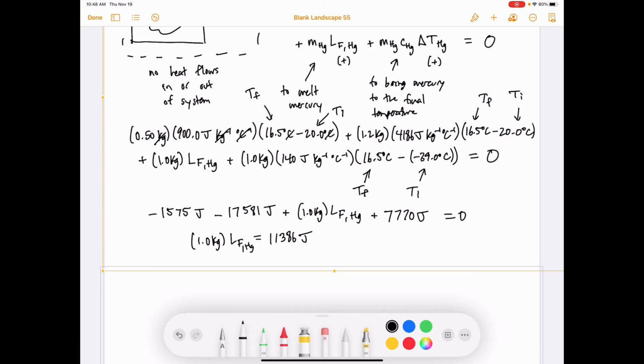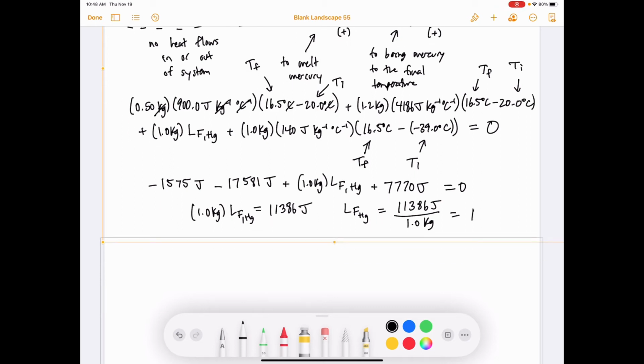So the latent heat that we're trying to find is just 11,386 joules divided by 1 kilogram, which is 11,386 joules per kilogram. But we want to keep 2 sig figs on that.